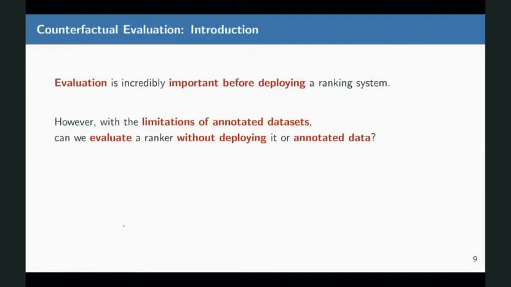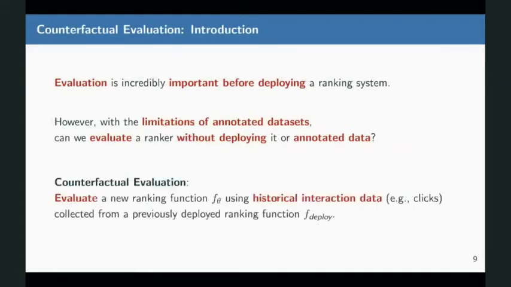And we don't want to do this with annotated data sets. We also don't want to do it by deploying it, like with an A/B test. So the question in counterfactual evaluation is, can we evaluate a ranking system, a ranking model, you might also say, without deploying it or annotated data? So simply based on user interactions.